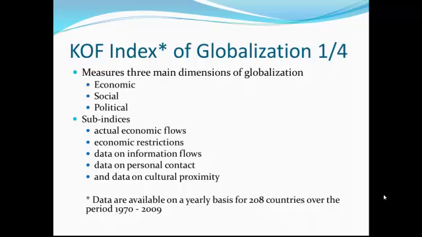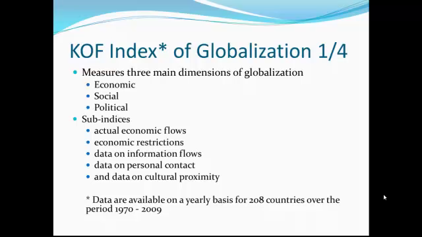Therefore, according to the KOF index, globalization is conceptualized as a process that erodes national boundaries, integrates national economies, cultures, technologies, and governance, and produces complex relations of mutual interdependence.